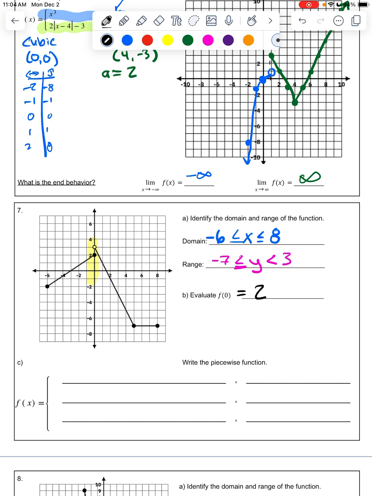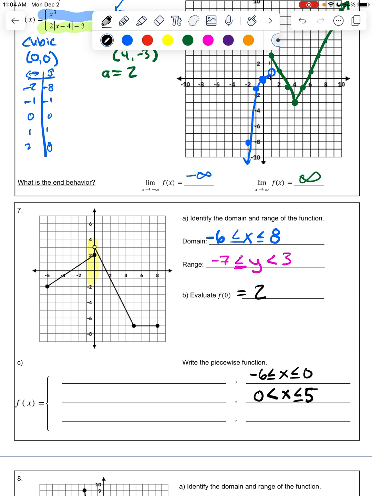In this function, there are 3 pieces. The first one goes from x equals -6 up until x equals 0. Both of those are closed circles, so I'm going to put or equal to on both of them. Piece 2 goes from x equals 0, but is an open circle, so I'm going to just put less than, up until the x value of 5.